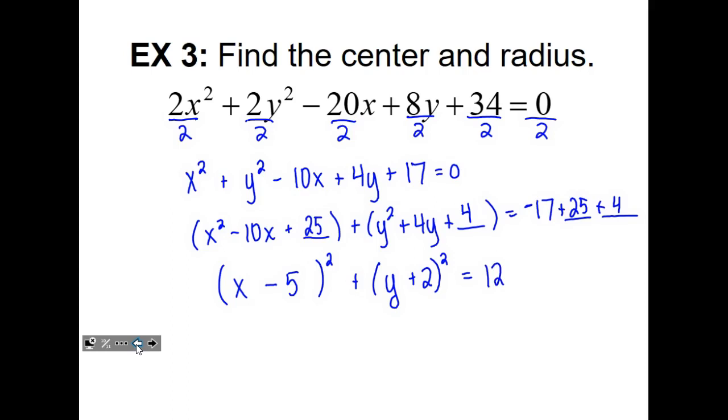Okay. So Jenna, what's the center of that? 5 and negative 2. And let's see, Levi, what's the radius? It is the square root of 12. Will square root of 12 break down? 3 and 4.